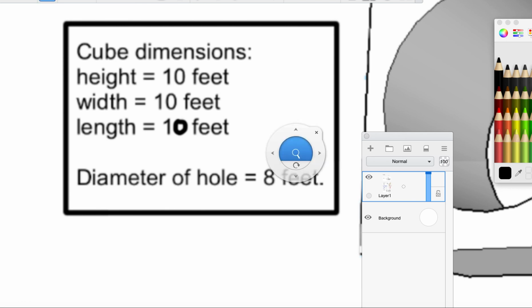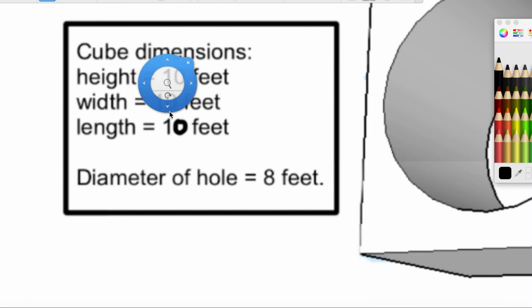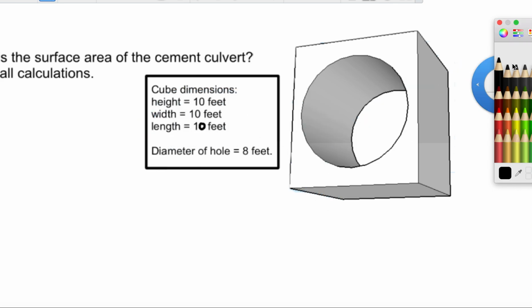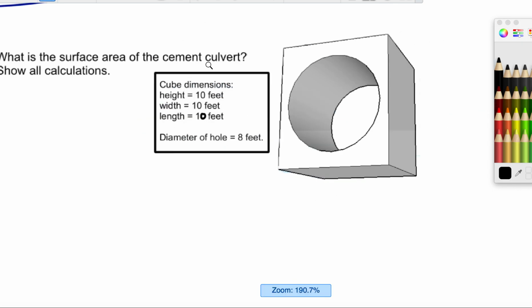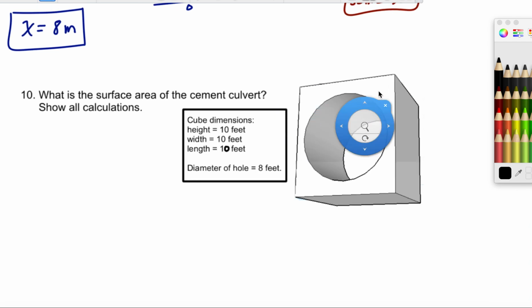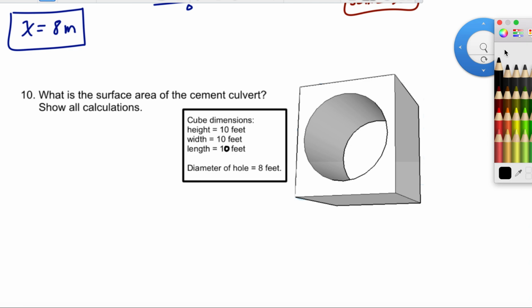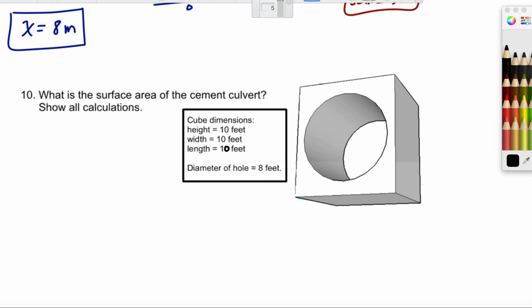For simplicity and elegance, let's say the culvert is 10 by 10 by 10. So a culvert is a structure that holds up a road or a bridge, sometimes a bridge-like structure that allows the water to pass through. So it could be a stream or a creek of some sort, prevents the bank from eroding.